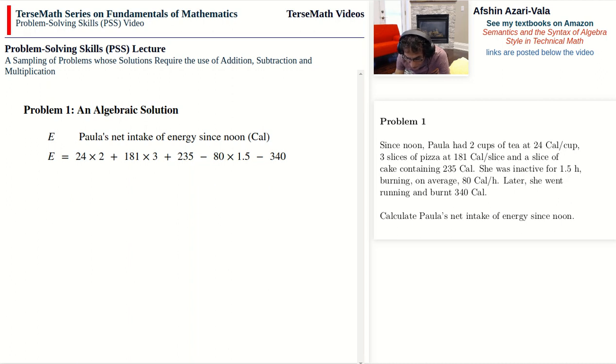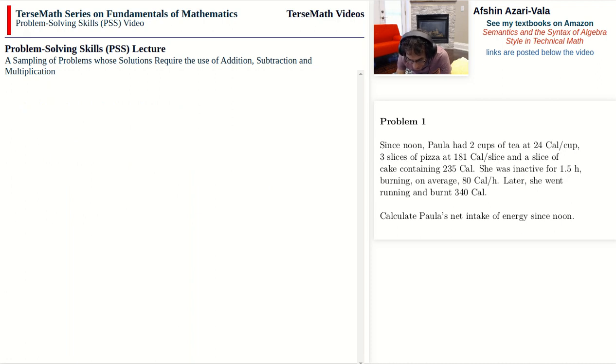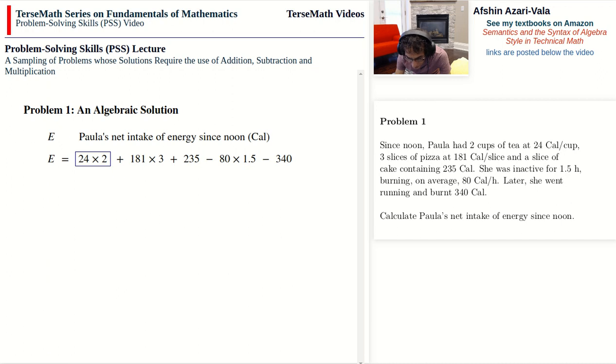As I mentioned before, you can break an expression down into terms using additions and subtractions outside brackets. This will be term number 1, 24 times 2, followed by term number 2, which is 181 times 3.